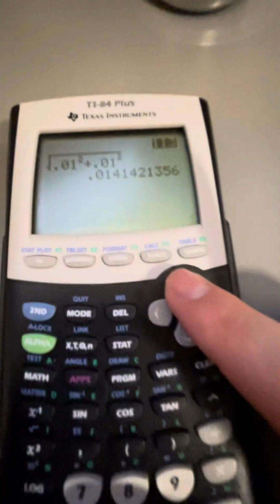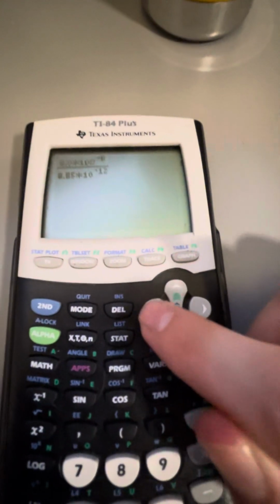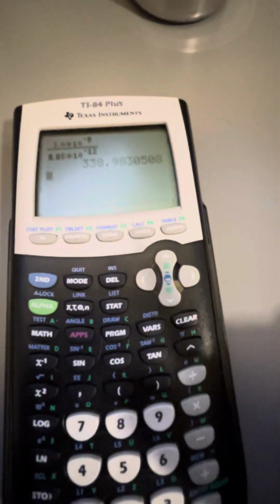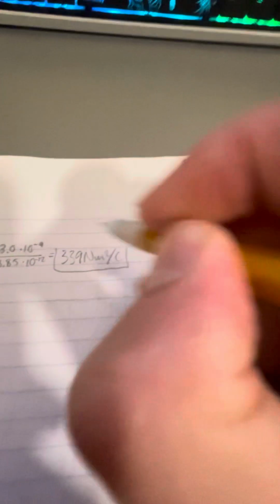Then we get 338.9, so let's call that 339 Newton meters squared per coulomb. That's part J.